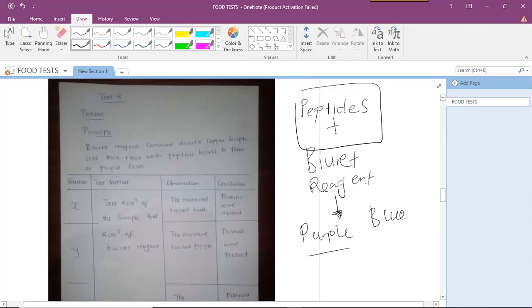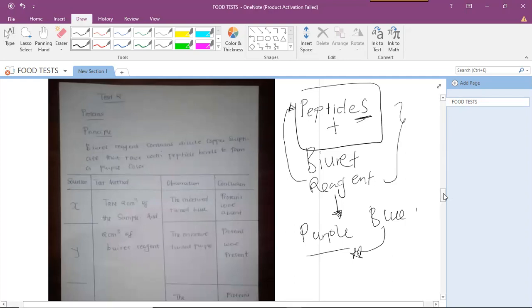So if you add in biuret reagent to your test sample, the color has to actually change to purple. If the solution turns blue and remains blue, it means this reaction did not occur. It means the solution has no peptides in it. So biuret reagent has the ability to react with peptides, and the reaction forms this purple color.